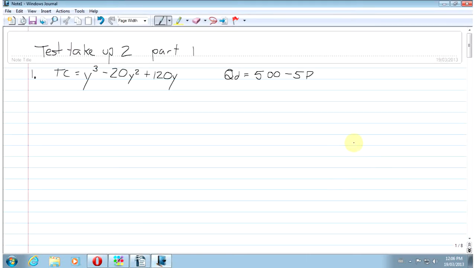I've already started here. TC is all from the question. The first thing we want to find is the minimum value of average cost, since firms will produce there. To find the average cost, first we divide by y.